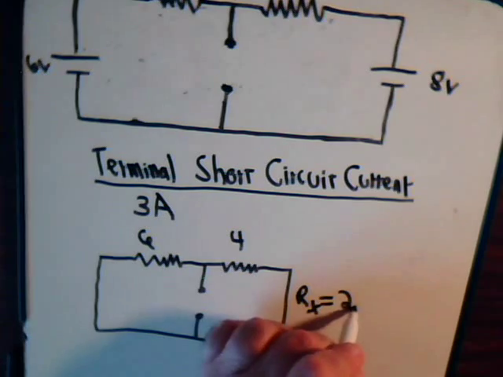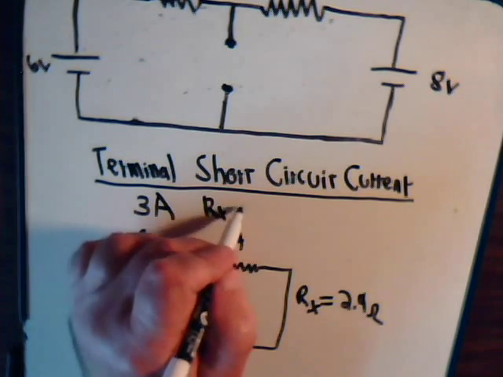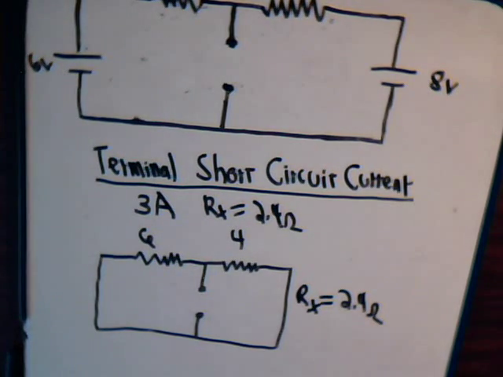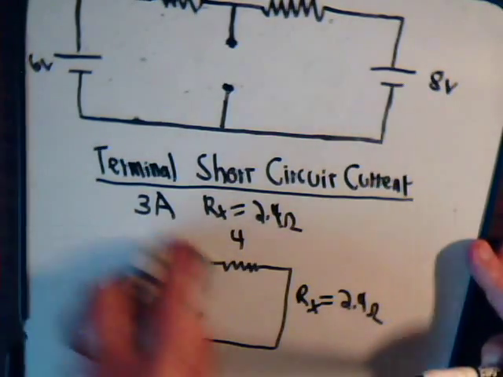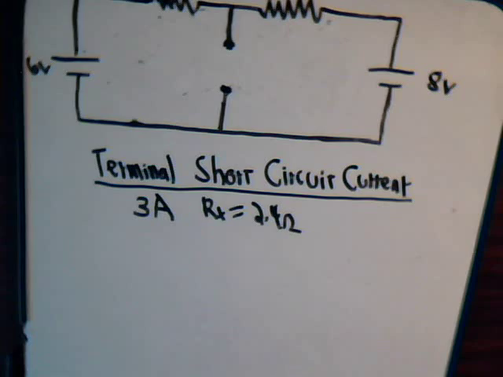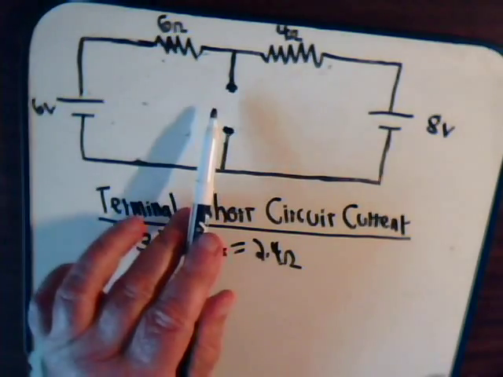That was 2.4 ohms, so we know Rx equals 2.4. So now we have all the information that we need to draw the Norton equivalent of our circuit.